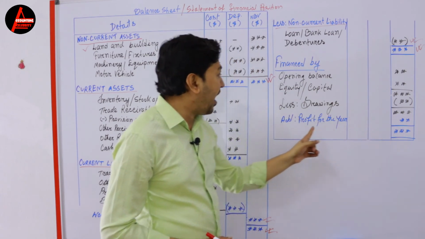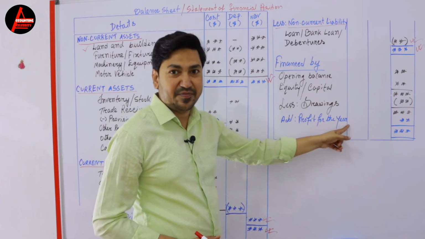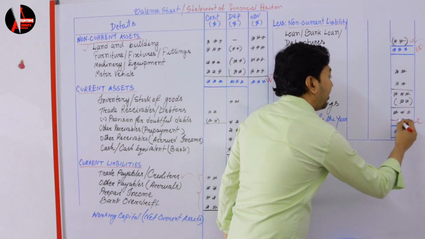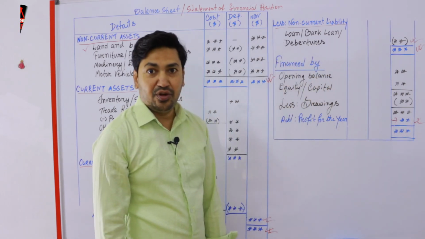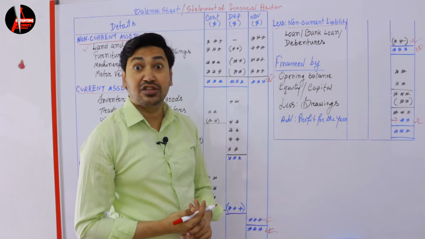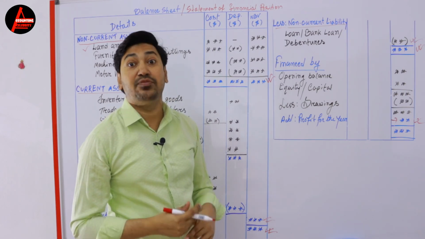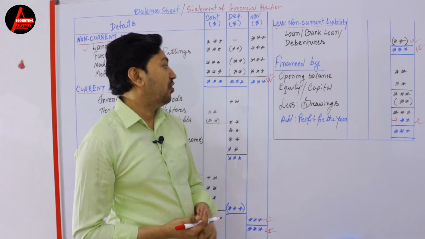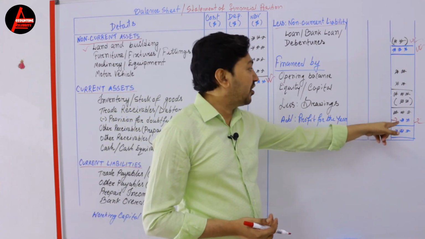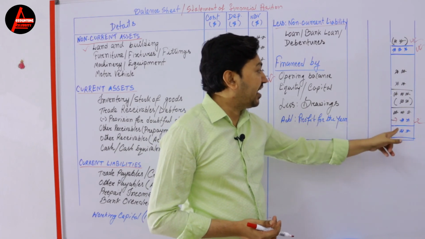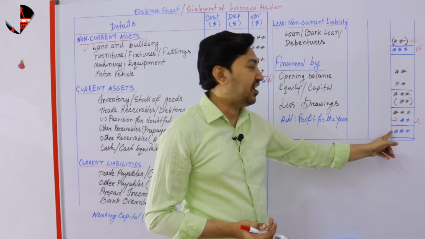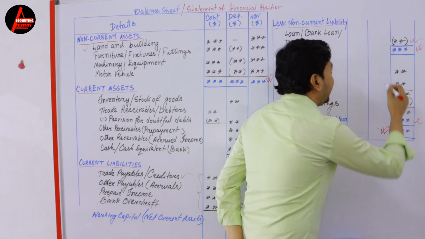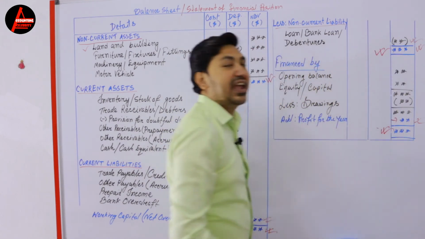After that you add profit for the year. If you have a loss for the year, obviously you have to subtract. Suppose it is profit for the year, so you add this value with this, then you get this answer.